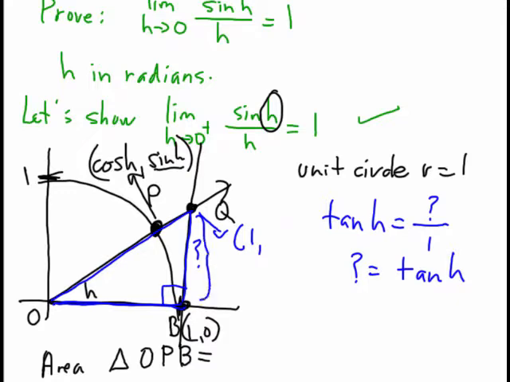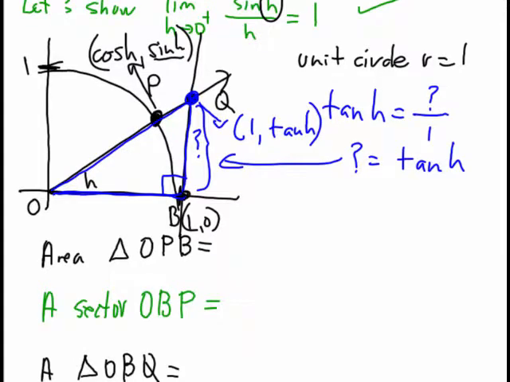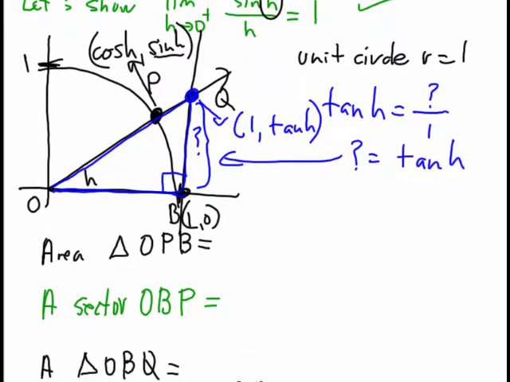In other words, this distance here is tangent h units up, which makes the coordinates of this point 1 over and tangent h up. Alright, now you might say, why did I label the diagram like that? Here is what I'm going to do. I am going to find 3 areas. I am going to find the area of triangle OPB.